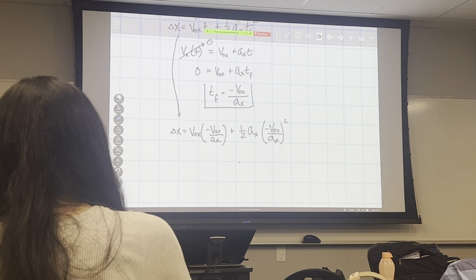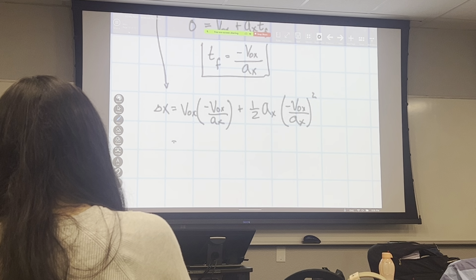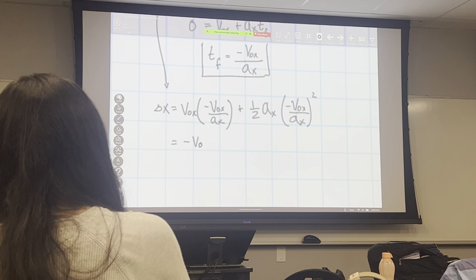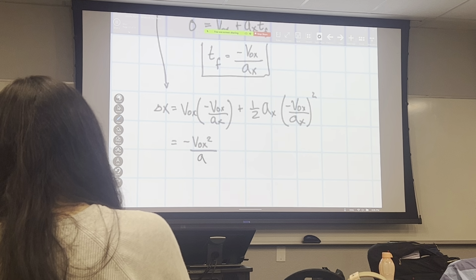And here we're going to continue to simplify. This is equal to negative v naught x squared over ax plus 1/2 v naught x squared over ax.